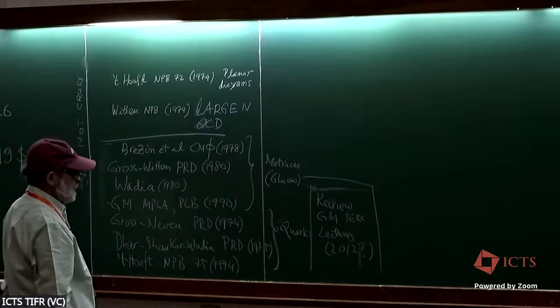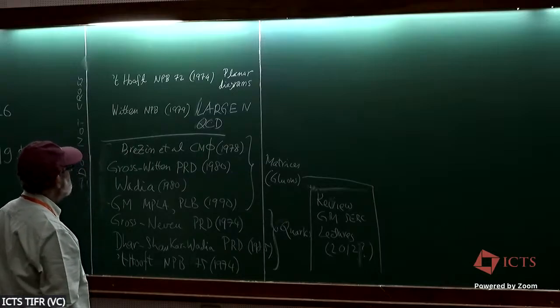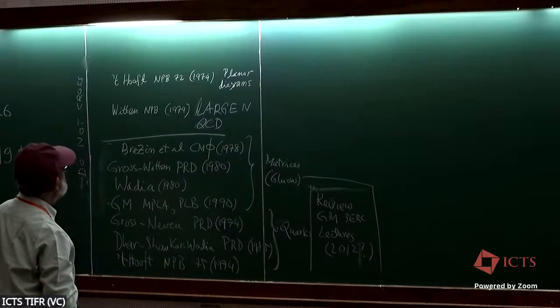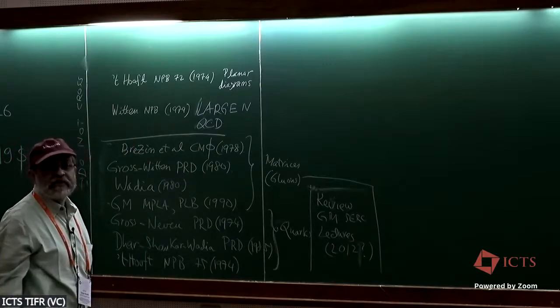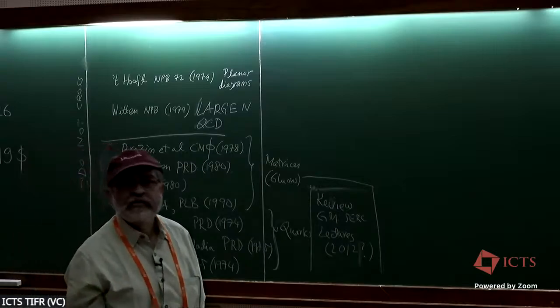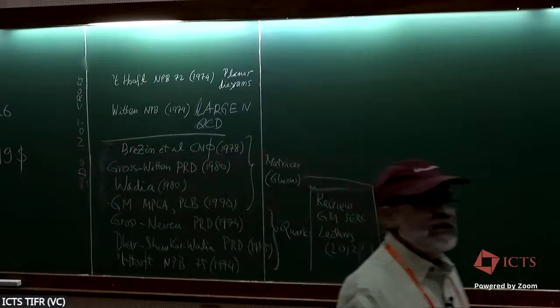This is not chronologically listed. These two I'm going to use for the qualitative introduction to the subject, how large N counting goes, what it does for us, and so on.